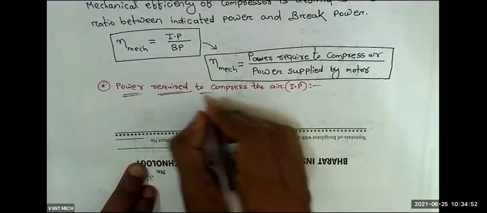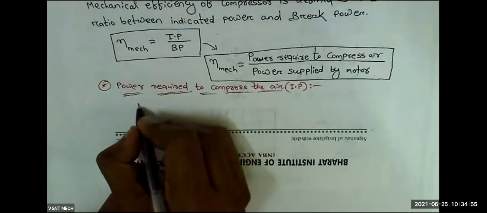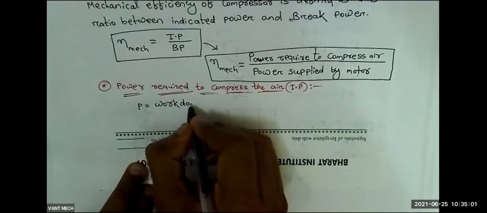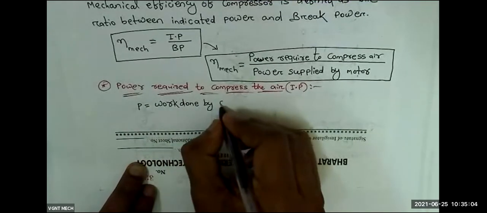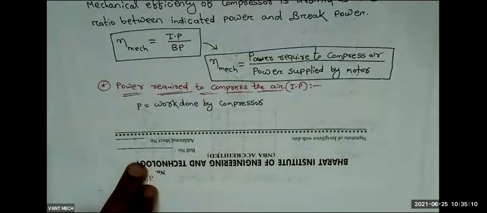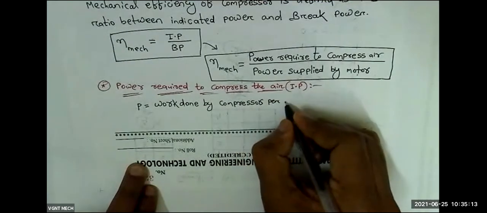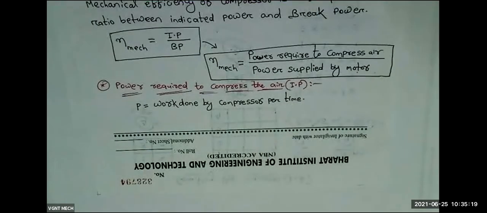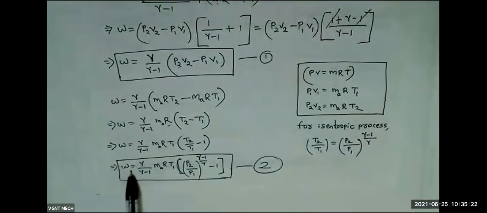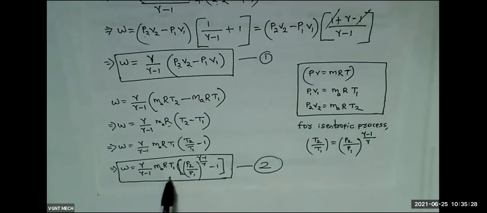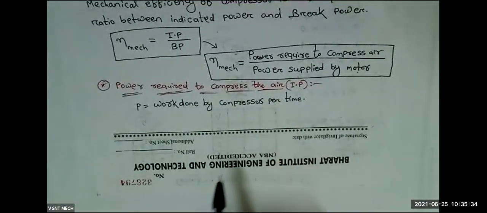For this, the formula will be: power required to compress the air is nothing but work done by the compressor per time. This is the work done by the compressor during the isentropic process. If we divide by time, we will get the power required to compress the air, or indicated power.